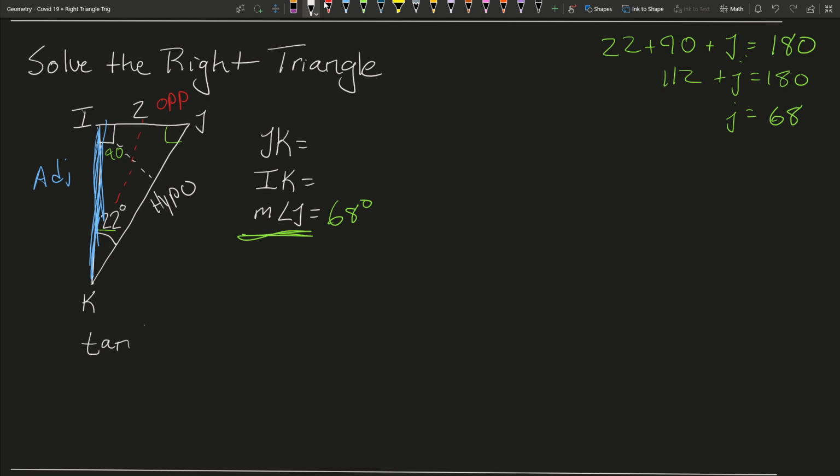So we need to use tangent. We end up getting that the adjacent is 2 over the tangent of 22. We can plug that into our calculator. So tan of 22 and then 2 divided by that. So we get 4.95.